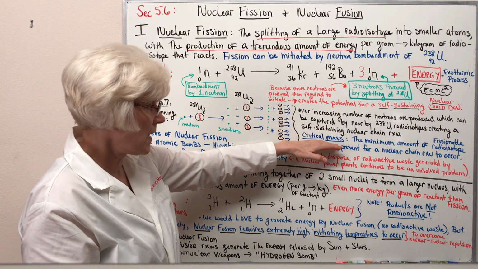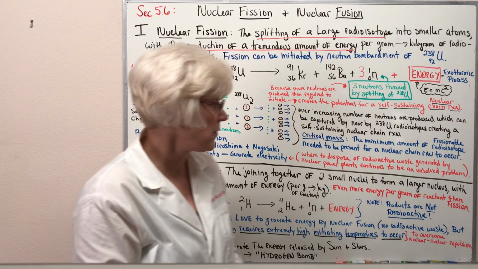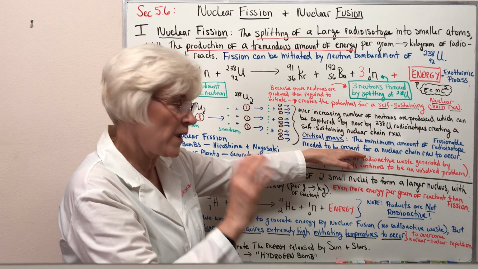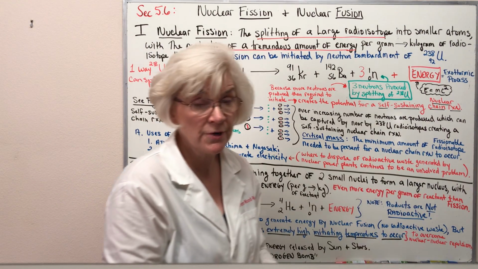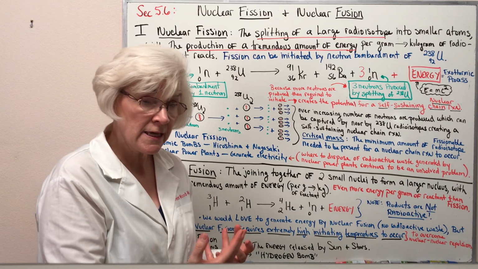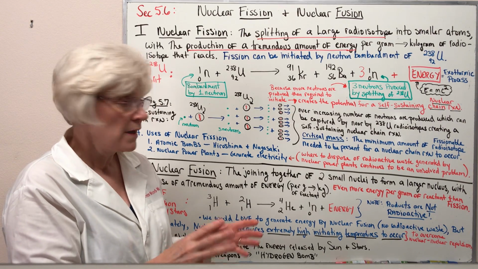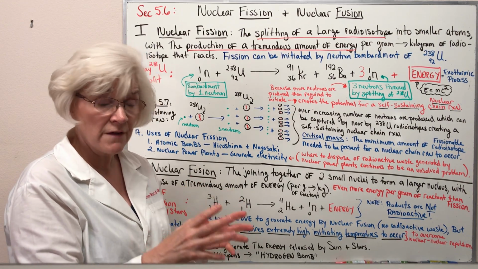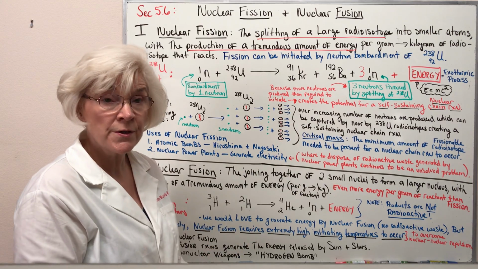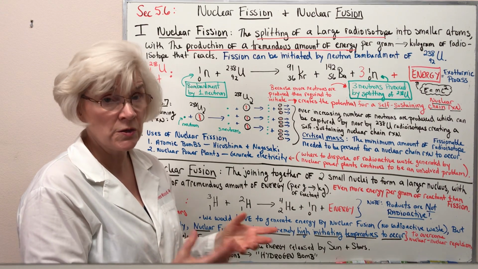So that leads us to this concept called critical mass, which is the minimum amount of fissionable radioisotope needed to be present and pure, very, very pure, for a nuclear chain reaction to occur. And part of the significant Manhattan Project that occurred in the U.S. during World War II, a critical part of the research was to experimentally determine what the critical mass of uranium-238 would need to be in order to have a self-sustaining nuclear reaction.